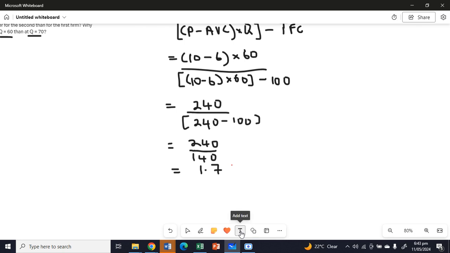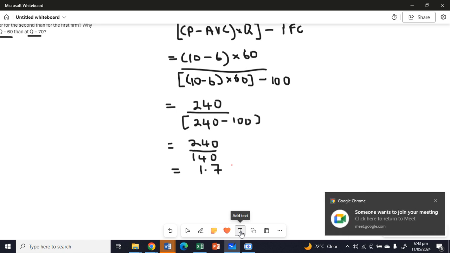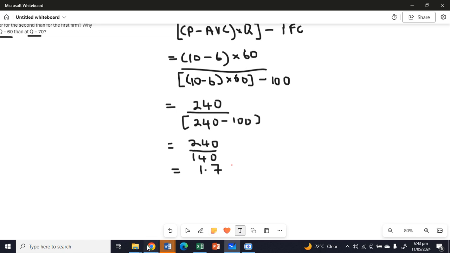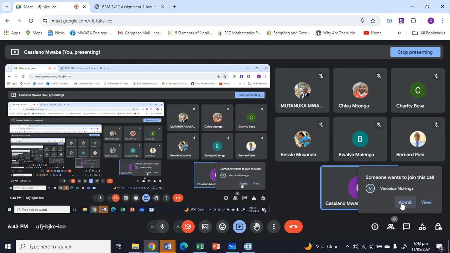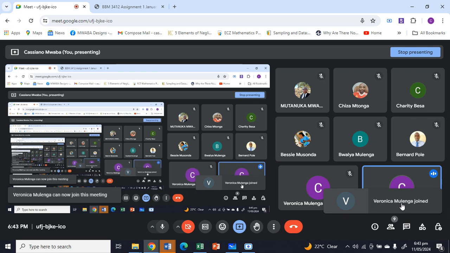What this is telling us is that if sales increase by 1%, our operating income increases by 1.7%. If sales decrease by 1%, our operating income also decreases by 1.7%. That's how you interpret the number that you get when you do your calculations.